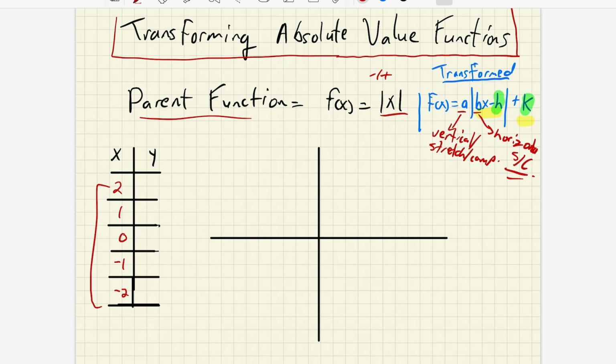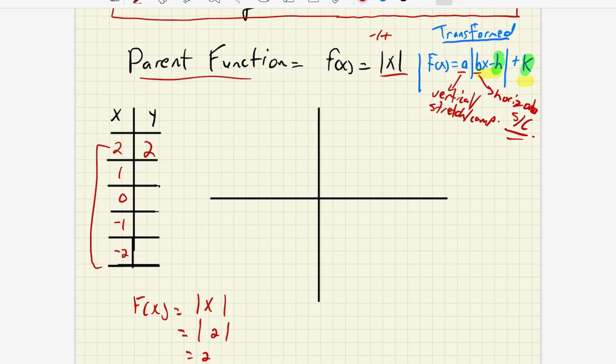What it does mean, though, is that because it's absolute, we don't really count the negative. So for example, if I go f at x is equal to absolute value x, which is equal to absolute value 2, well, that just equals 2. So I plug in 2 over here. Now, if I did -2, f at x is equal to absolute value -2, well, remember, those lines tell us that we negate any positive or negative signs, so we just write 2.